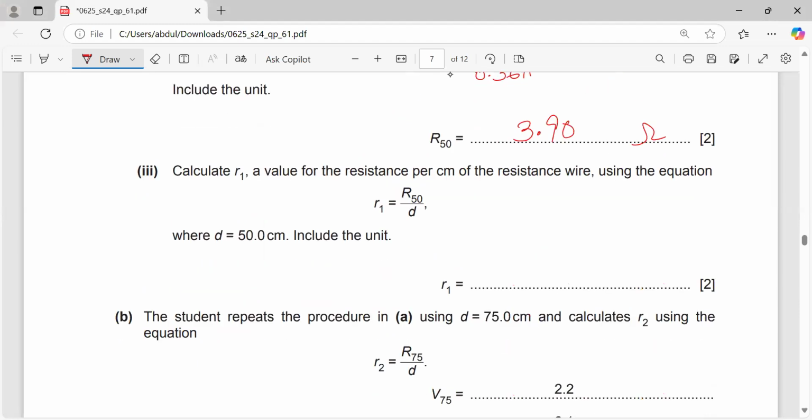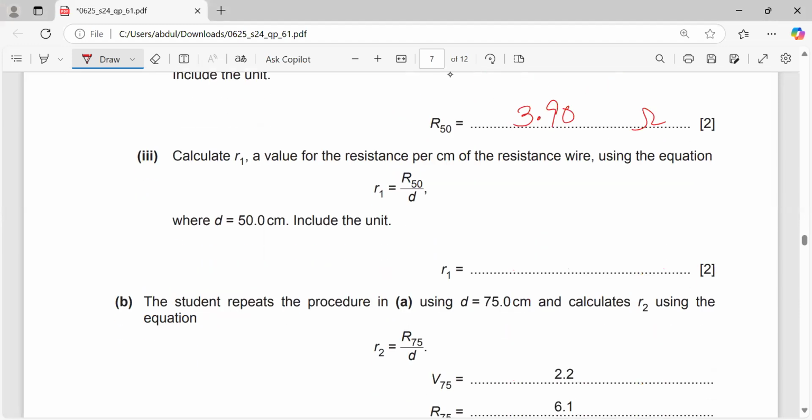Now calculate R1, a value for the resistance per centimeter of the resistance wire using the equation. You know, they are so nice, the equation is given. R1 is R50 over D. R50 is 3.89. I will use over 50 because D is equal to 50.